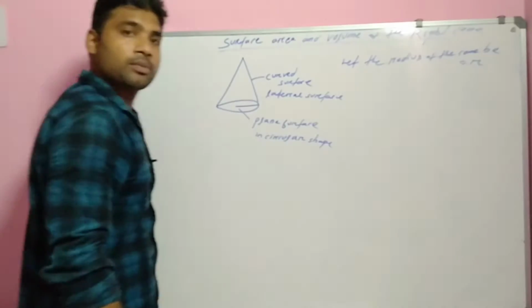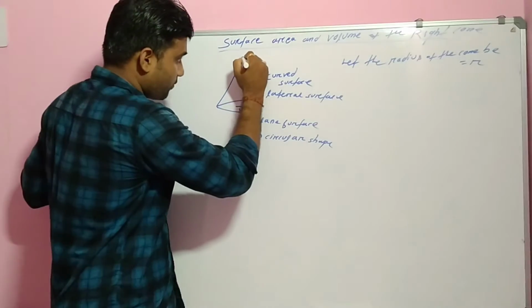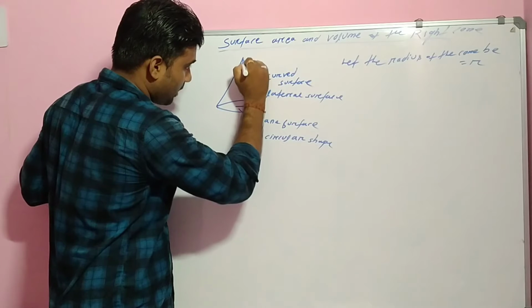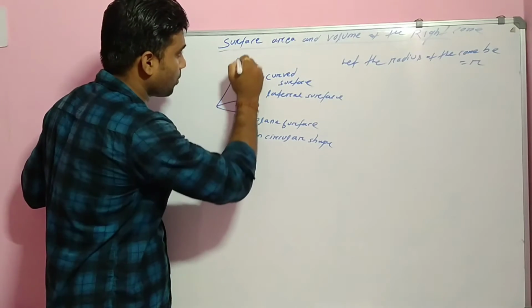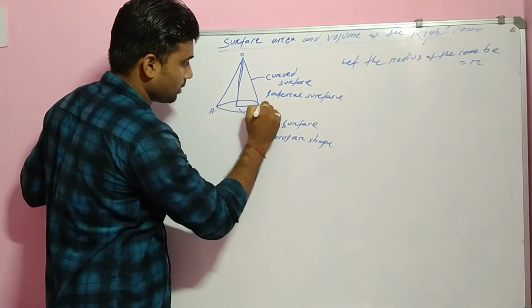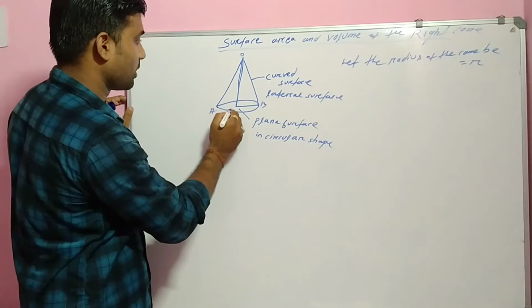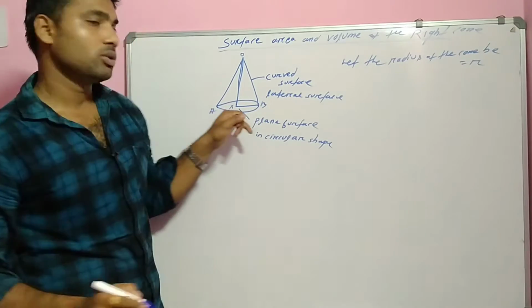Understood? If you draw a perpendicular line from the center of the base of the cone, you will get the height of the cone.